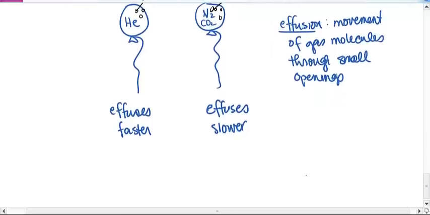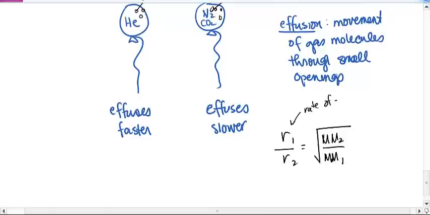There's actually a little equation. I'm going to give this to you. This stands for the rate of effusion. And this is an equation that shows, if you peek through what this means, that the rate of effusion is inversely proportional to its molar mass.